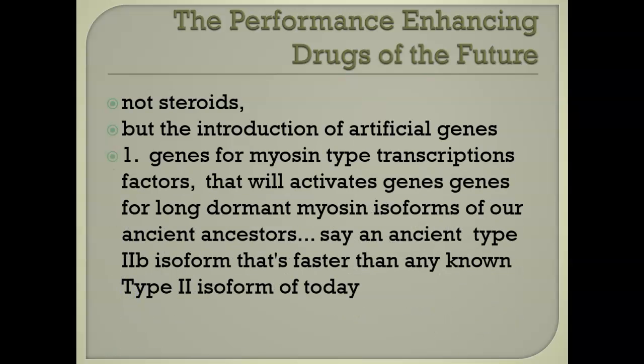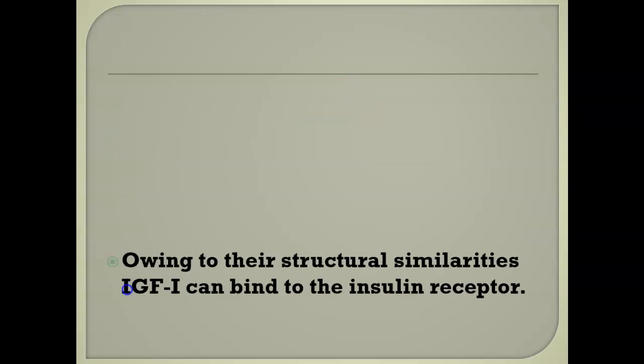Within the nucleus of the cell, and skeletal muscle cells have many nuclei, you insert the gene that you want, say from an ancient type known to be a faster twitch, stronger muscle type. You cut out the one and insert the other, and boom, stronger muscle.